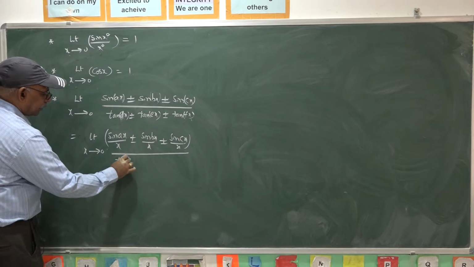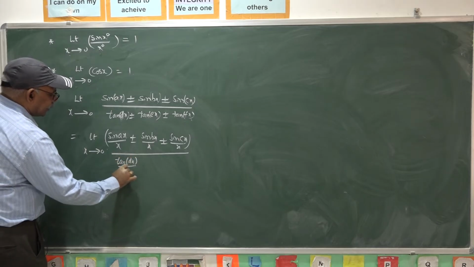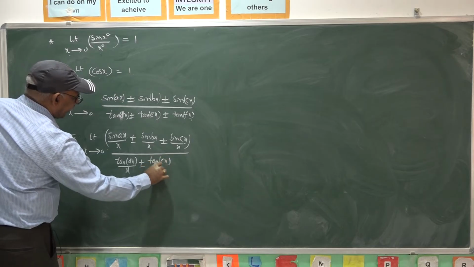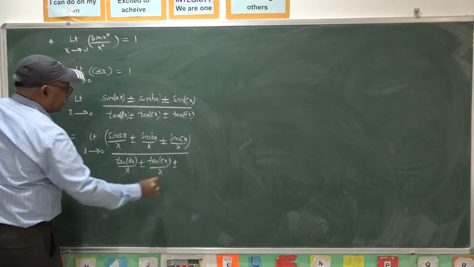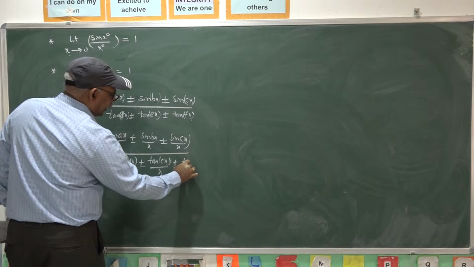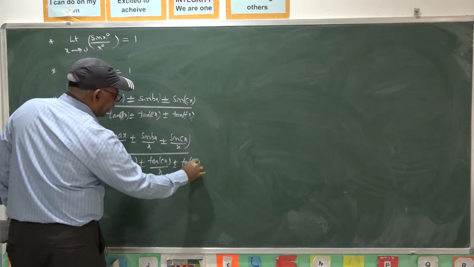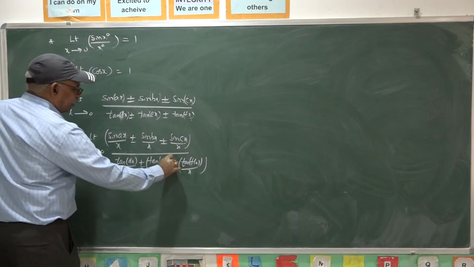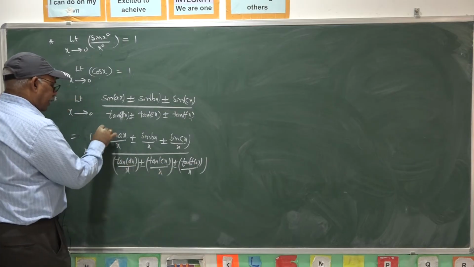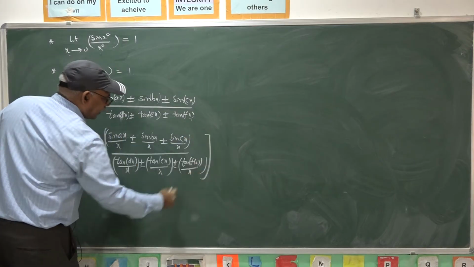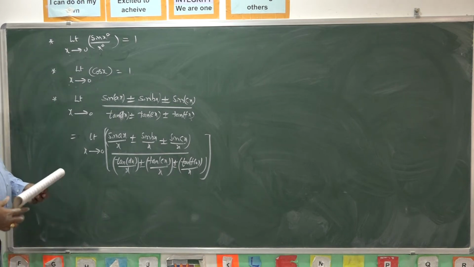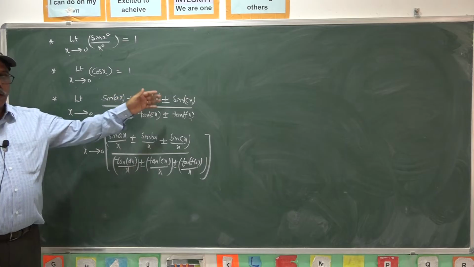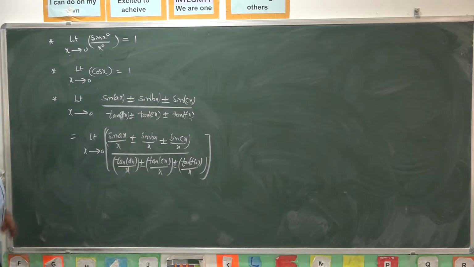Similarly, divide the denominator terms with x, so that there is no change in the function. The basic nature of the function does not change by dividing each and every term of the numerator as well as the denominator with x.